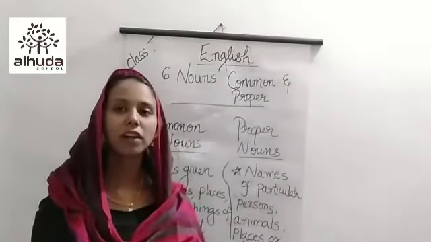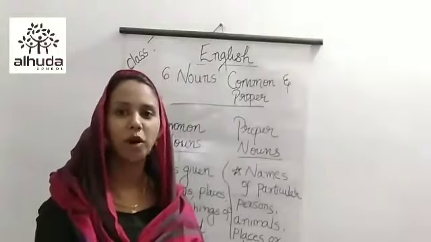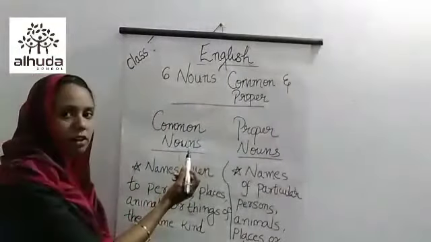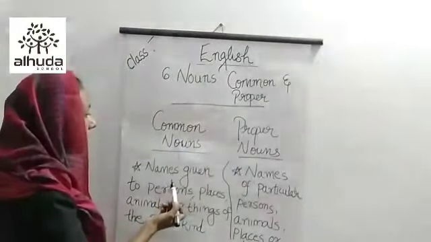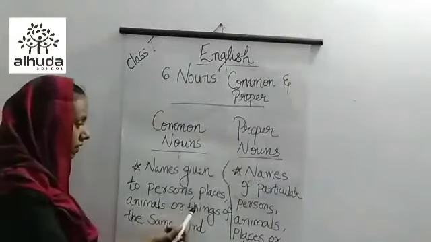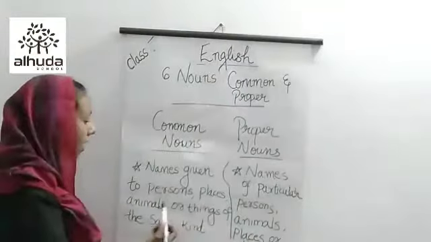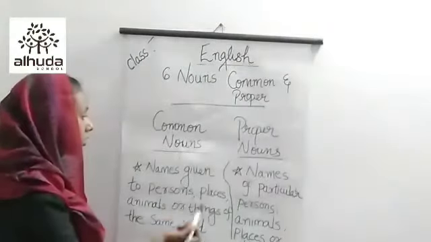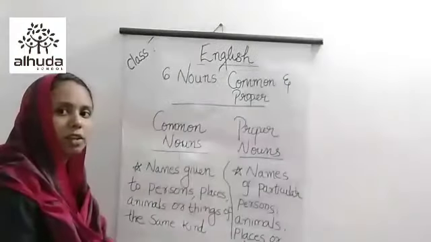Now we can go through the definition of common and proper nouns. Let's have a look. See this one, common nouns. Common nouns are names given to persons, places, animals or things of the same kind. What are common names, children?